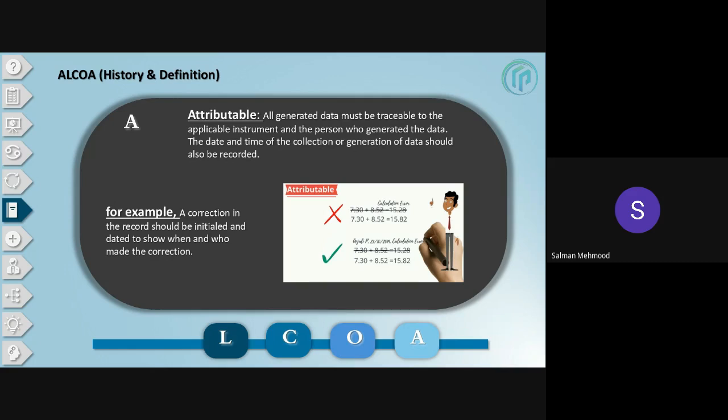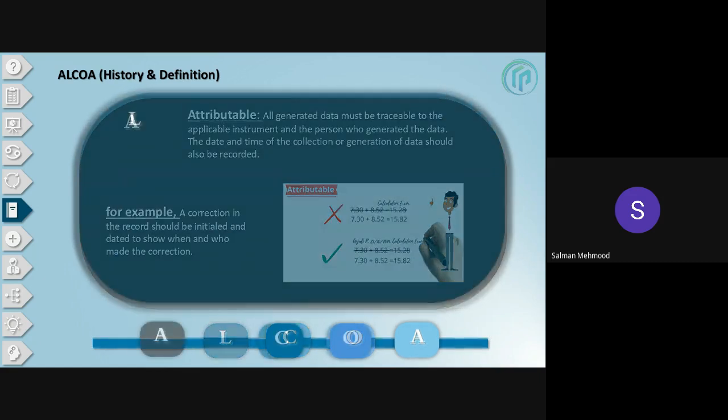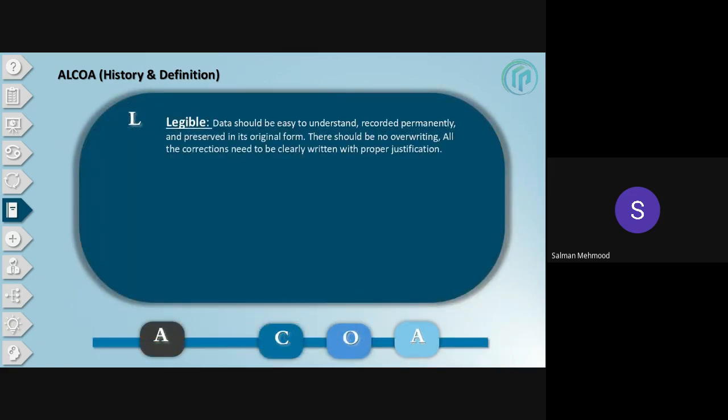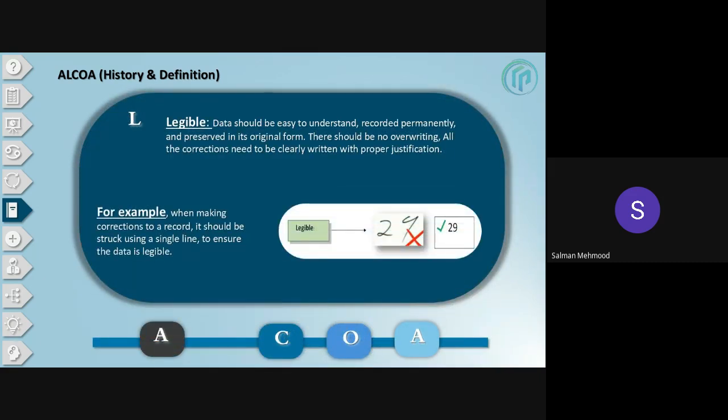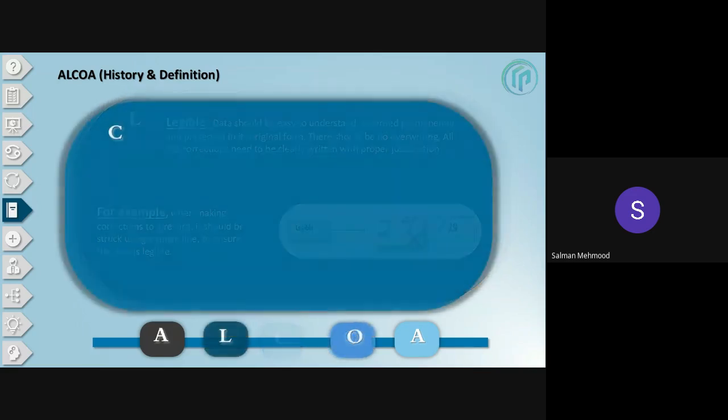Similarly, legible means the data should be easy to understand. As you have seen in this image, the correct value is 29, but the written value could be read as 24, 27, or 29. The data should be legible and understandable.